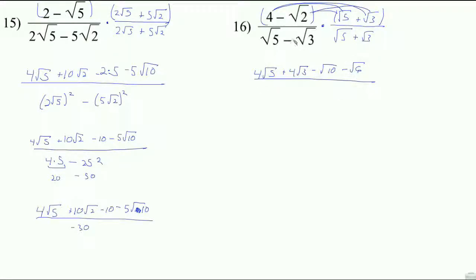In the denominator, we multiplied a number by its conjugate, so it will be the first thing squared minus the second thing squared. None of these are like radicals. In fact, none of them can simplify either. So the numerator stays as is.